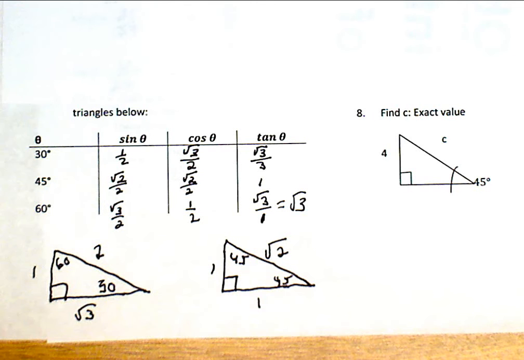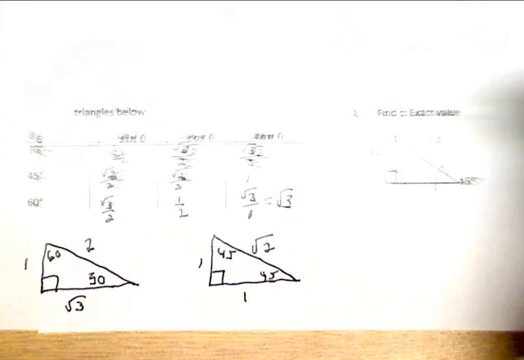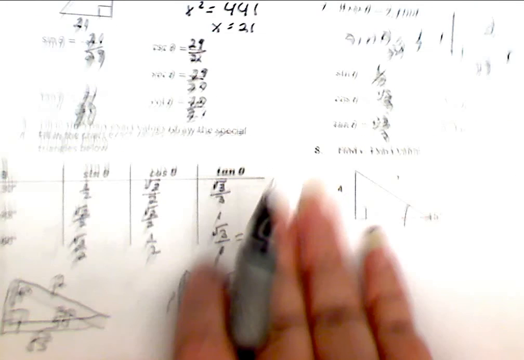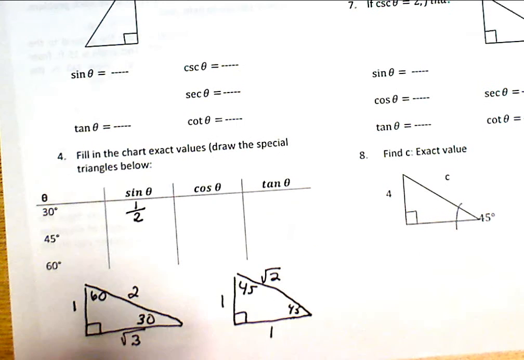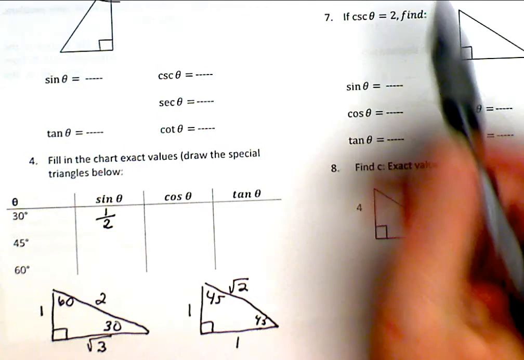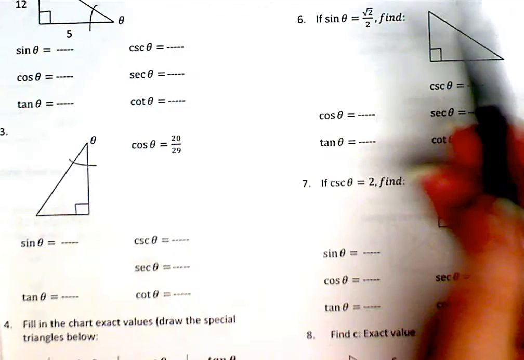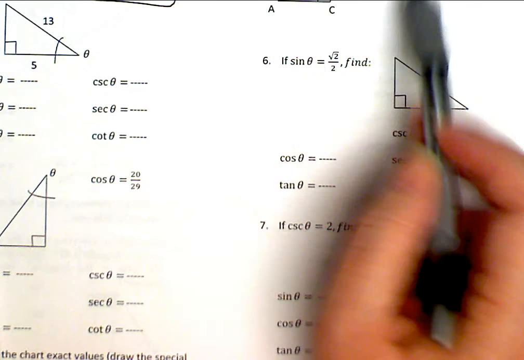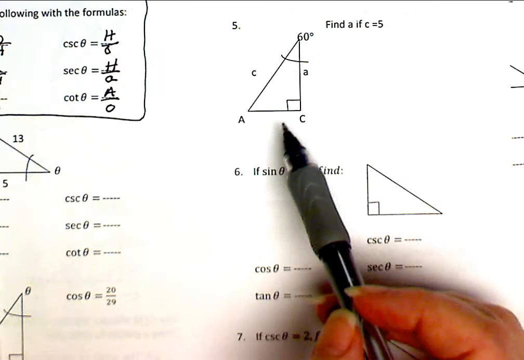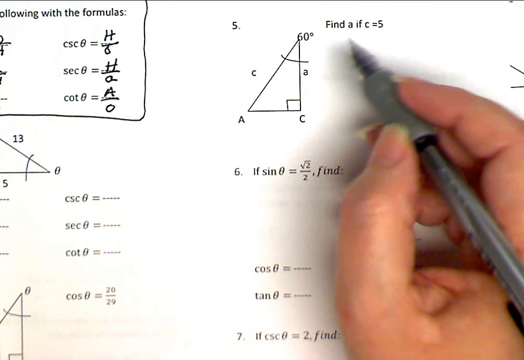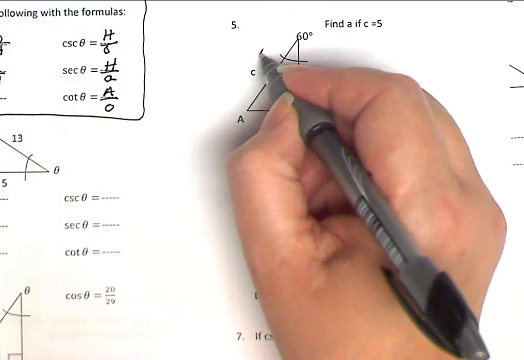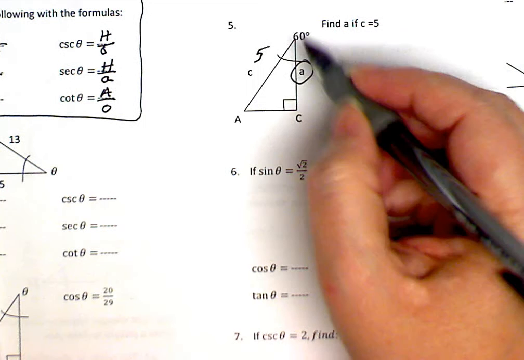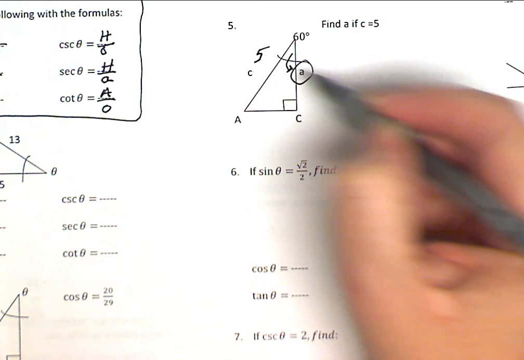All right. Anybody not have this or need it still up here? Okay. So now, when you are finding exact values, on number 5, it says that C is 5, so this is 5, and we're finding A. So we're looking for adjacent, and we have hypotenuse.